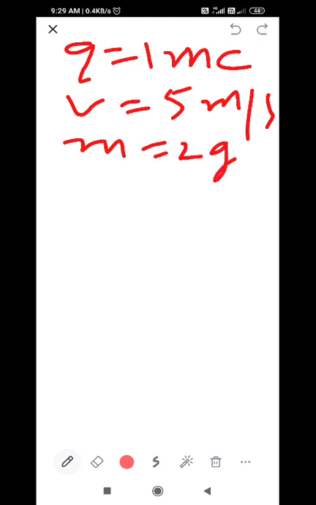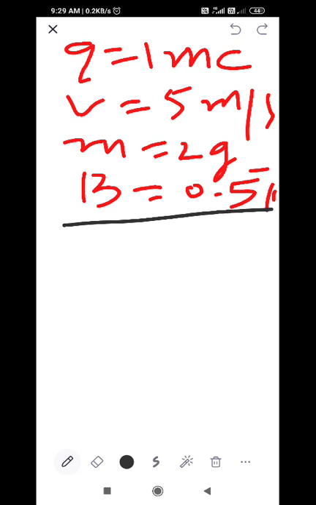It is moving perpendicular to a field whose magnitude is 2.5 Tesla. We want to calculate the force and acceleration.